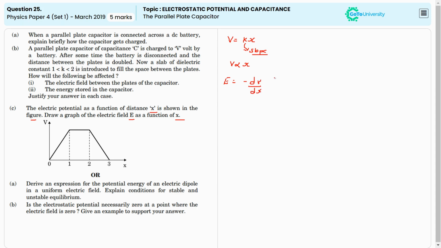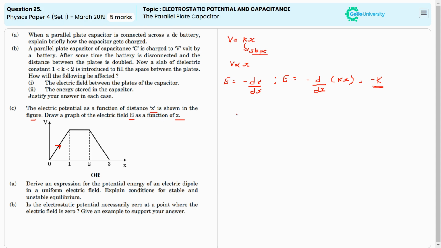Here the potential increases from 0 to 1. Then we can write E is equal to minus d by dx of Kx. Then the value becomes minus K. The value is minus K here.